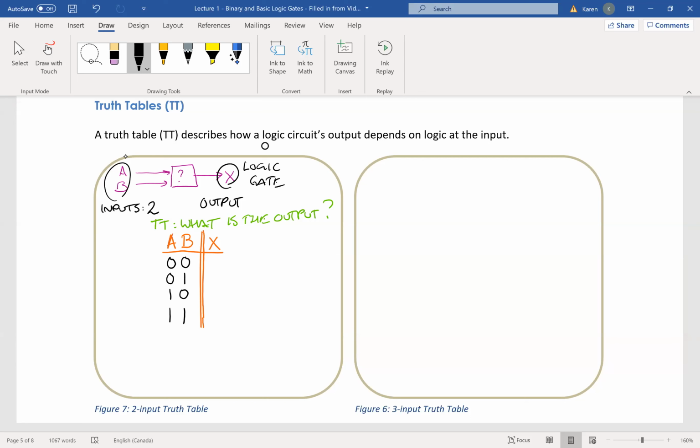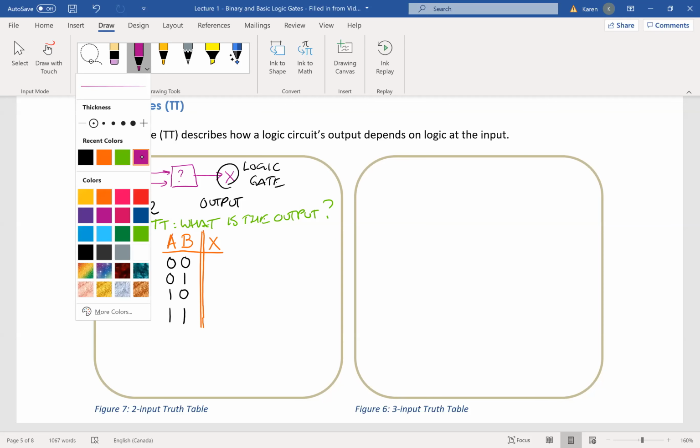And the output is very much dependent on what the logic gate is. In this case, we don't know what the output is, but the truth table would show what it is depending on the gate.